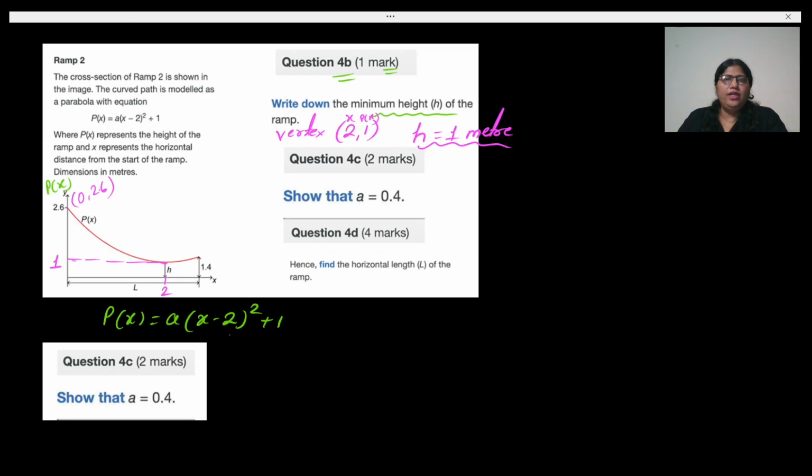Now after that, what do I need to do here? In the next part, we need to show that the a value is 0.4. So how are we going to do it? Any point, if you see the y-intercept, that is (0, 2.6). Other than the vertex, this is a known coordinate, so you can substitute this to get the value of a. This is the value of x, this is the value of P(x).